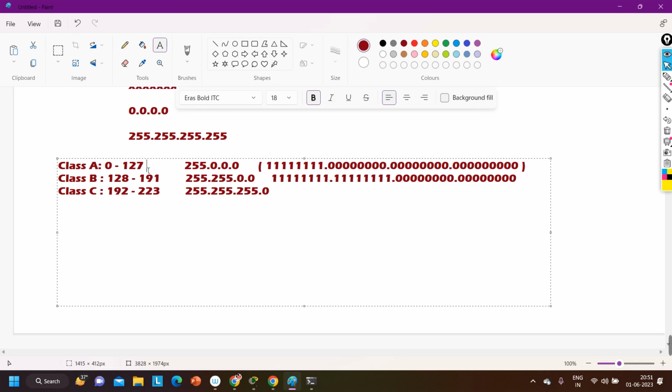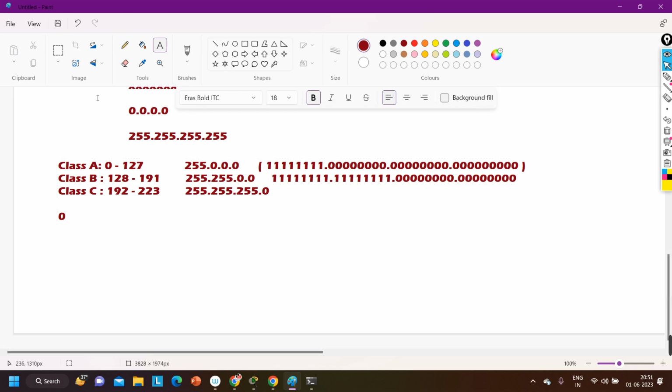Now the question is how we divide the IP addresses in this range. See, for this range, what we did, we reserved one bit, the first bit, that will always be 0 for class A. So for class A, we have 8 network bits. Out of 8 network bits, if we have reserved 1 bit, then how many bits are left? 7.